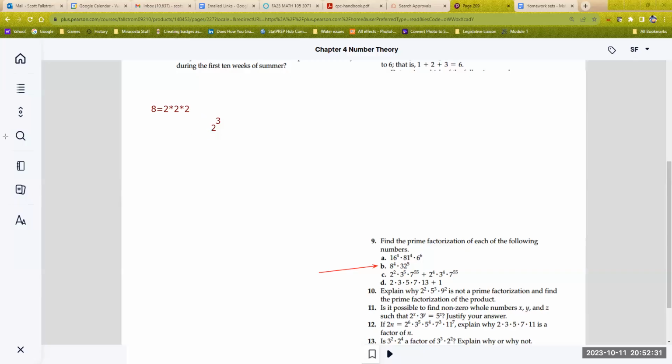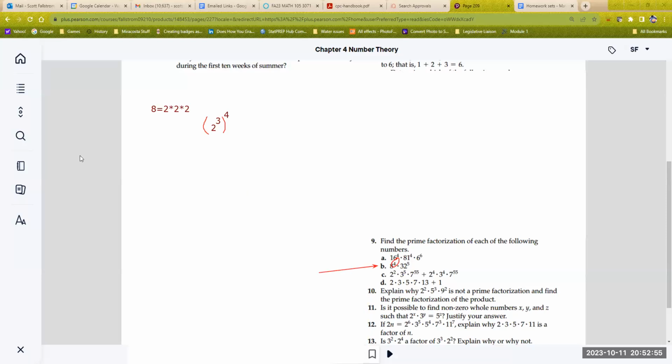Oops, I don't know how I got on the line tool. Sorry about that. Give me a second. There we go. Okay, so we have 2 cubed, but it's really 2 cubed to the 4th power because it says 8 to the 4th power. So it's this whole thing to the 4th power. Okay. So now what I really have is 2 cubed to the 4th power.